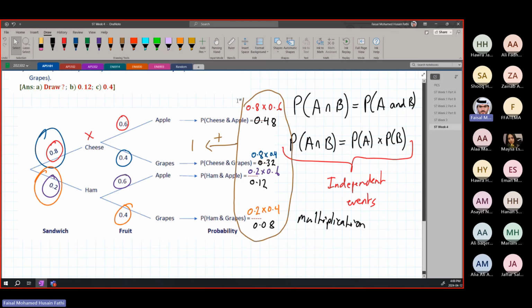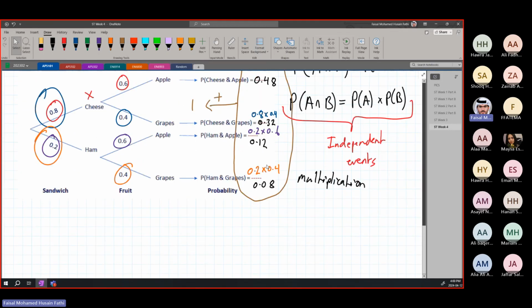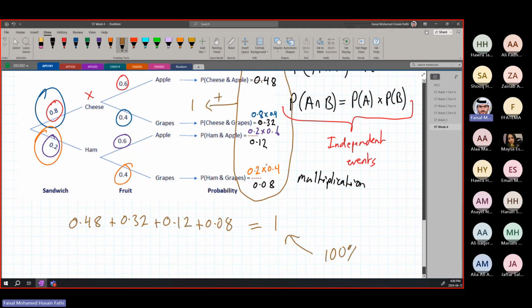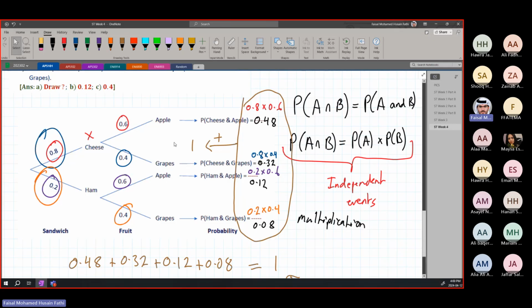These are all the chances you have of something happening. So 0.48 plus 0.32 plus 0.12 plus 0.08 is 1, meaning these probabilities give you 100%. One of these is happening as a must. And this is basically how you would solve this question.